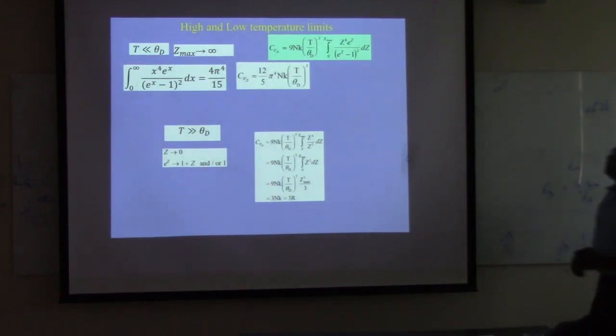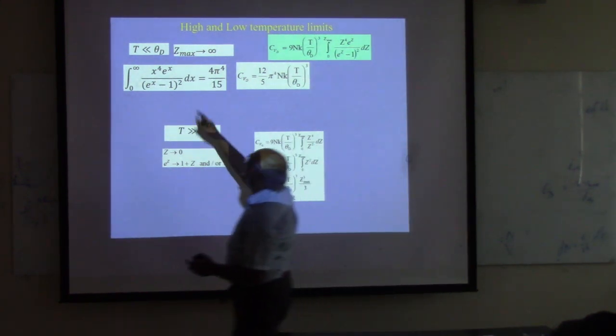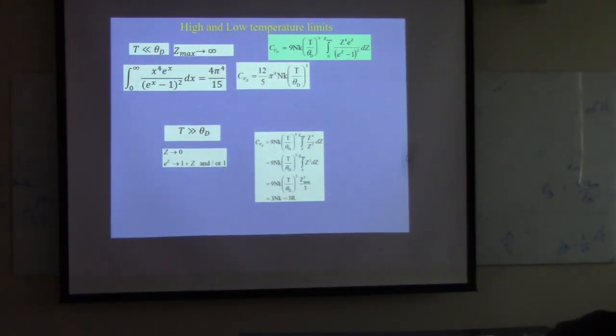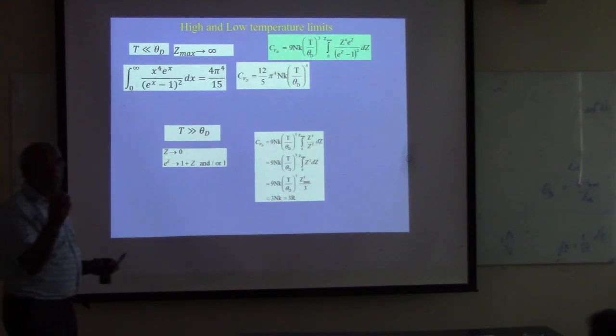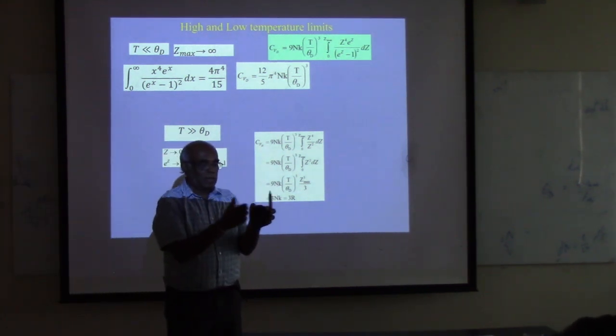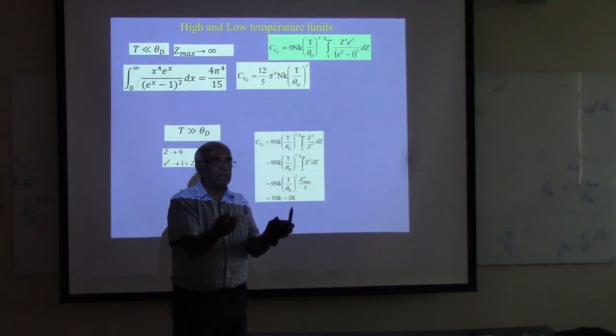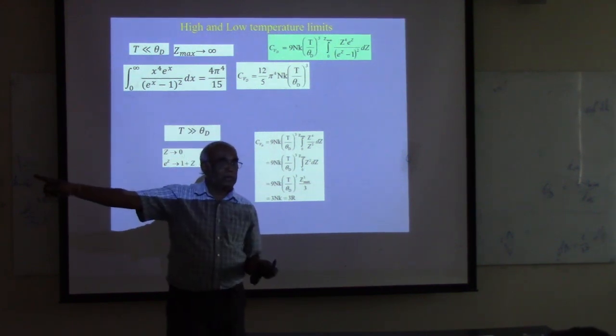If I go to low temperature, that means, please remember this theta D is the Debye temperature. This is a very important thing. If you look at materials, this Debye temperature will tell you how stiff your material is. The Debye temperature is a measure of your stiffness. For example, diamond has a very large Debye temperature.